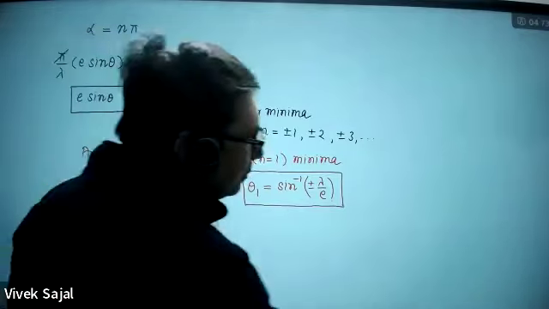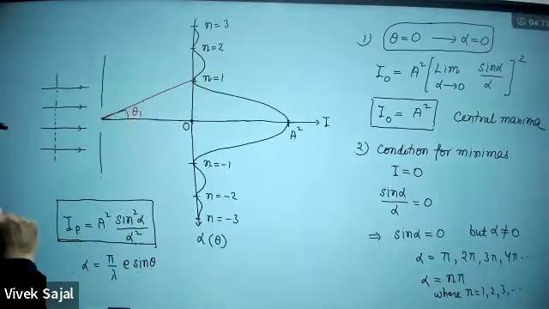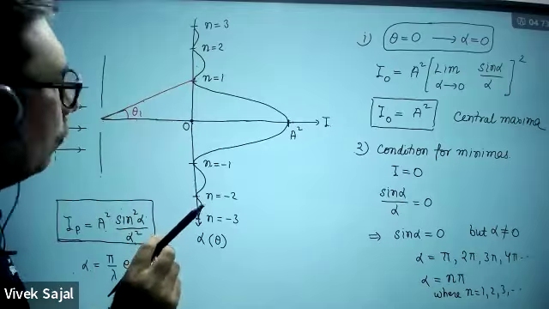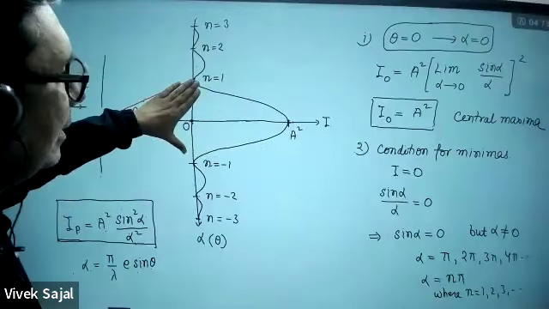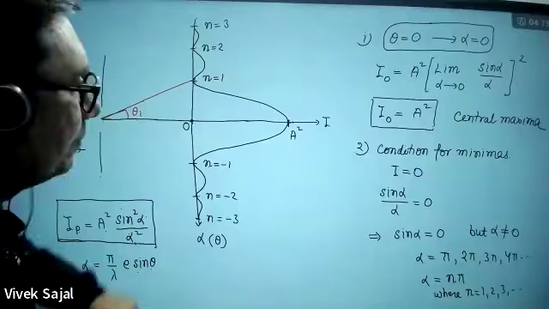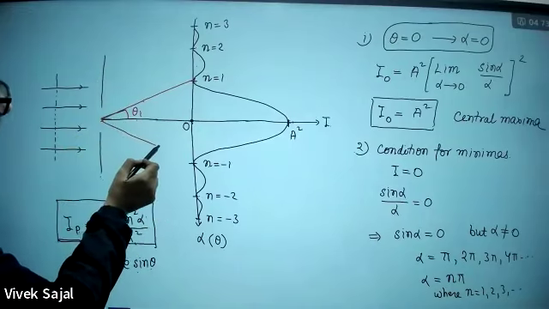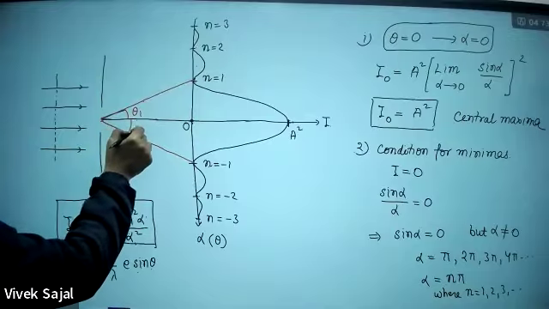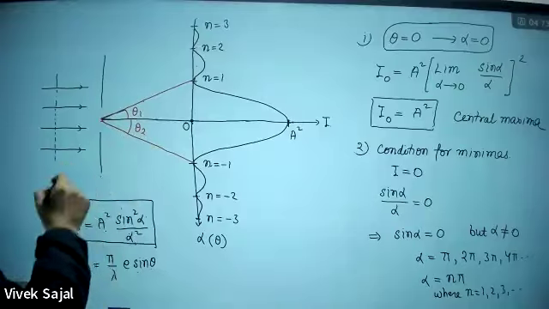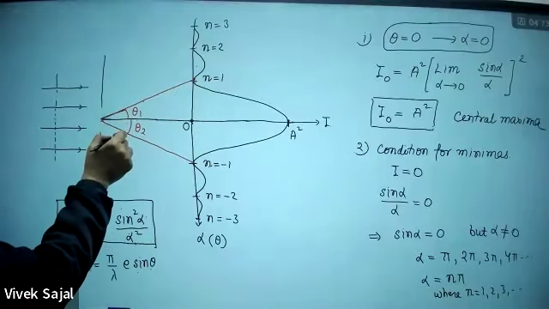Try to understand, here this theta 1 you have found out. If I ask you what will be the angular width of this central maxima, then angular width of the central maxima will be this one. This is minima to minima. So this angle is 2 theta 1.